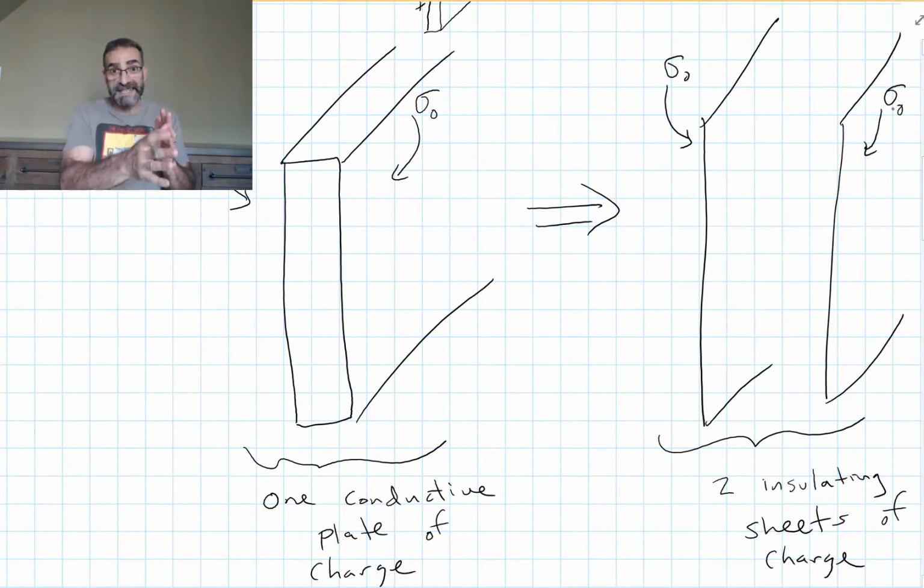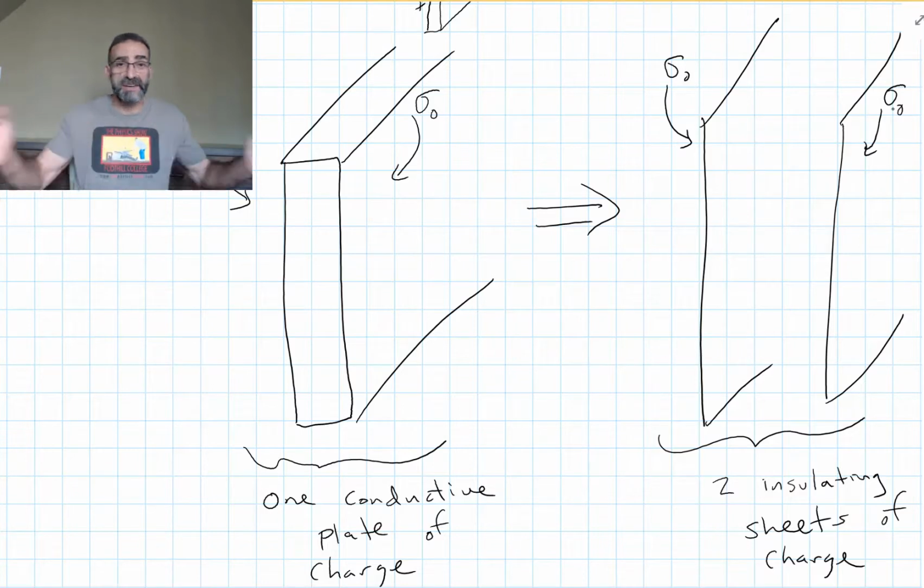I can split that conductive sheet and make 2 insulating sheets with the same charge densities and calculate all my electric fields, and I get the exact same answer. But I have to know what sigma is.